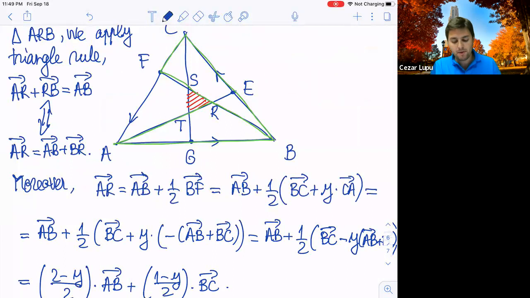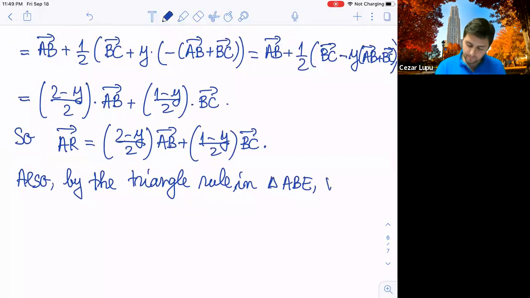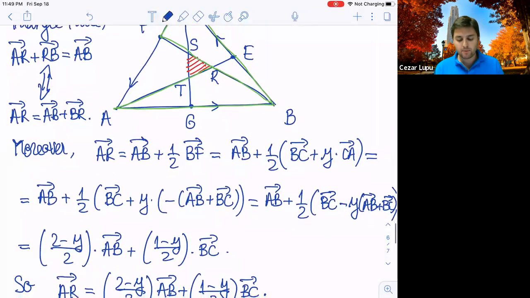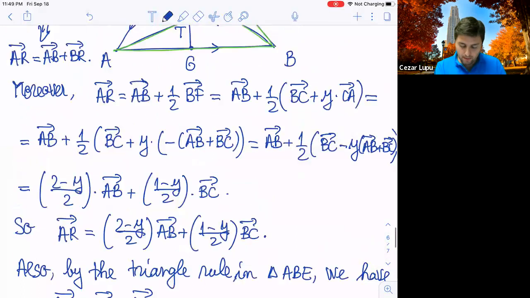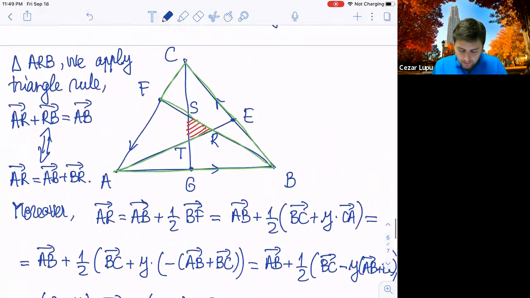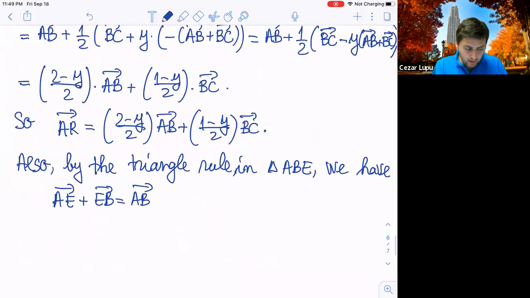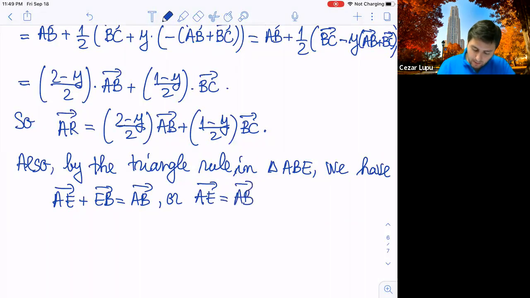We have that AE vector plus EB vector. Okay, let me look again. AE vector plus EB vector is the same as AB vector. Or you can say that AE vector is the same as AB vector minus EB vector, or plus BE vector, right?